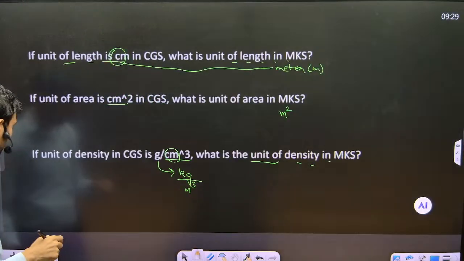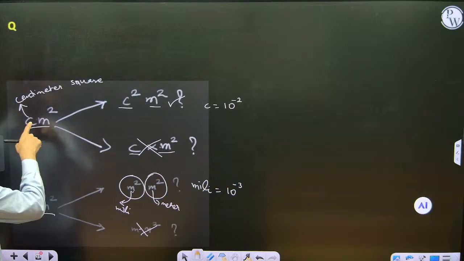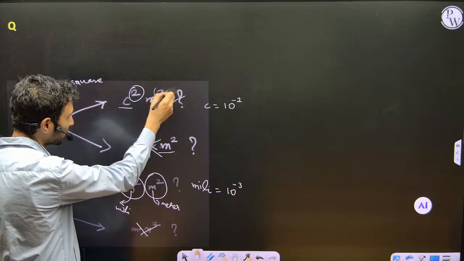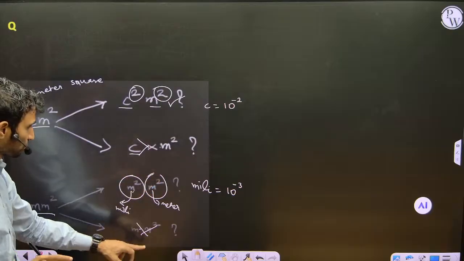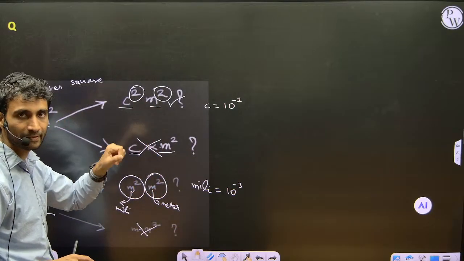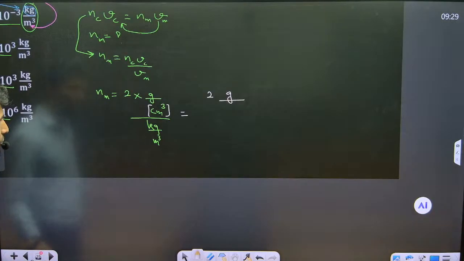You remember, centimeter square was centi square meter square. Both will get the squares; it's not that only one will get the square. Similarly, both of them will get the cube also.